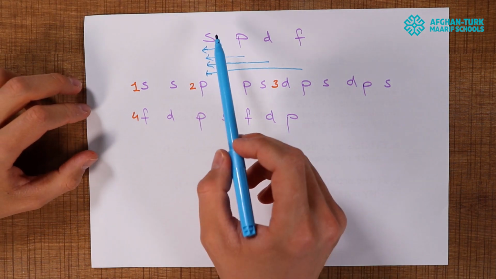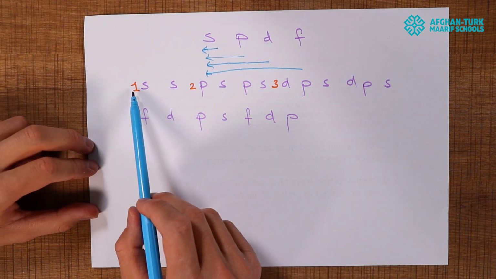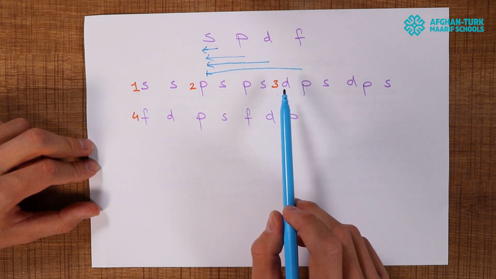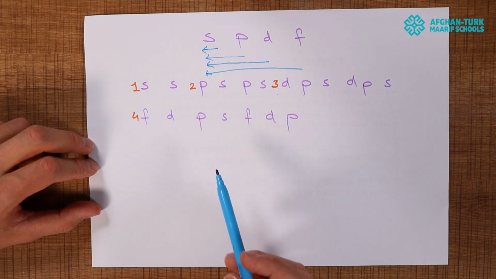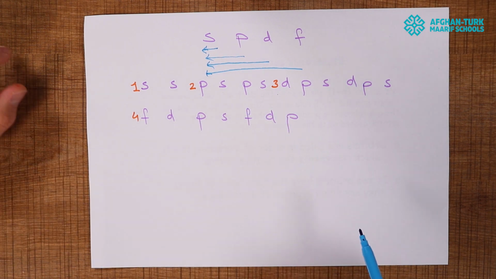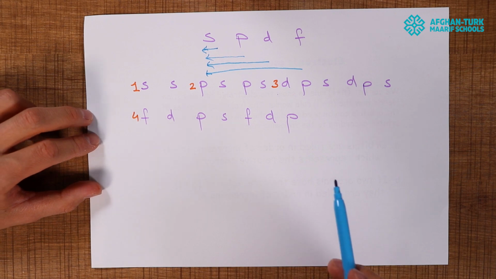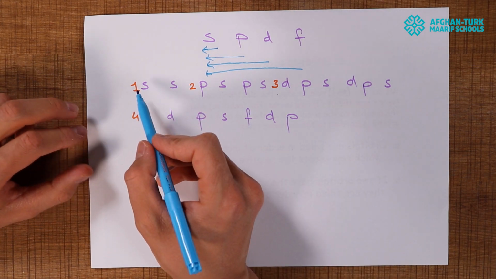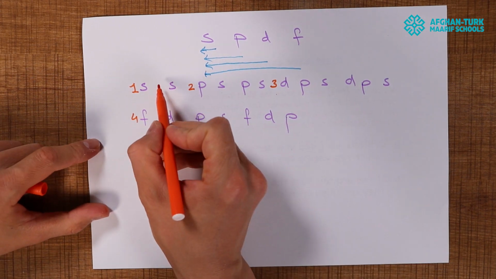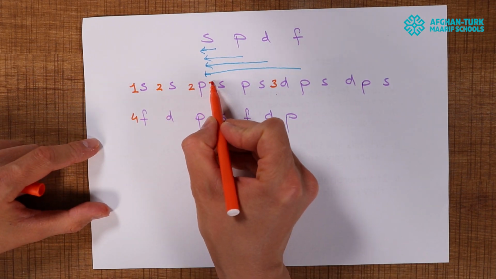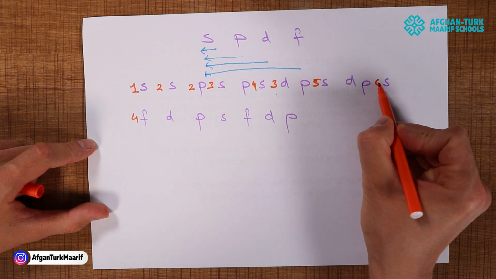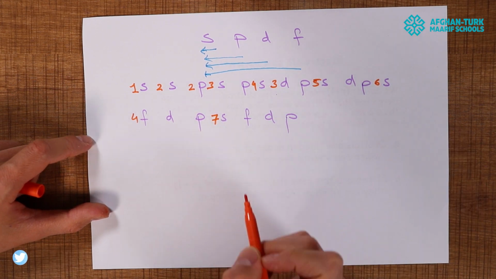So we know that the subshell s starts from the first principal shell, p starts from the second, d starts from the third, and f starts from the fourth. So I have written the values of principal quantum numbers beside the orbitals. So when it's first, it means that it will be second, it will be third, fourth, fifth, sixth, and seventh.